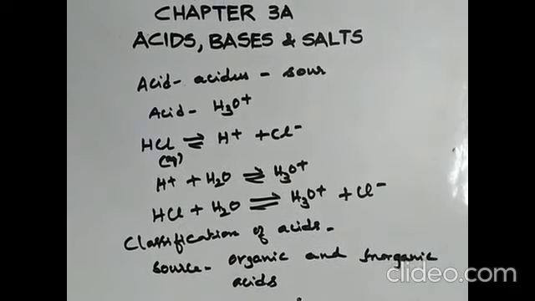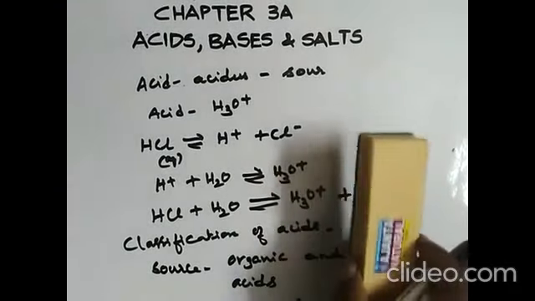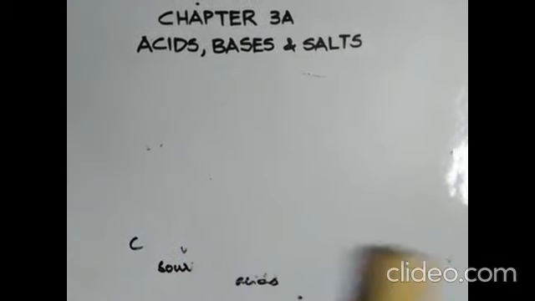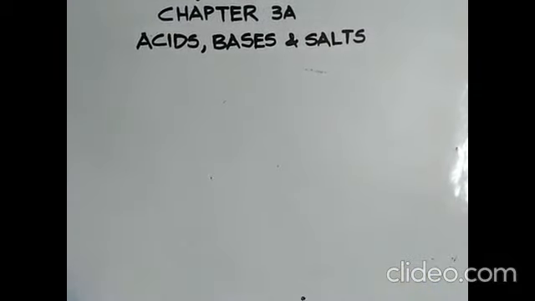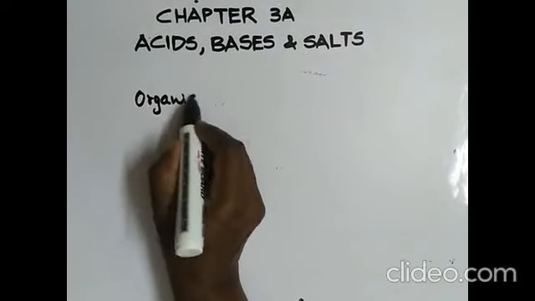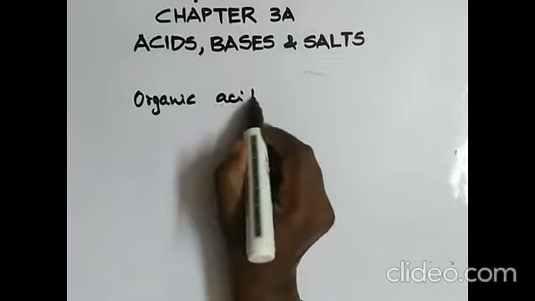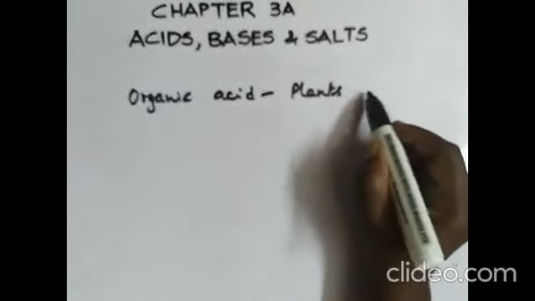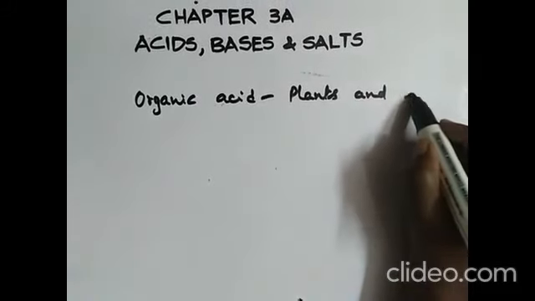First, we'll study about organic acid. Organic acid is derived mainly from plants and in some insects.